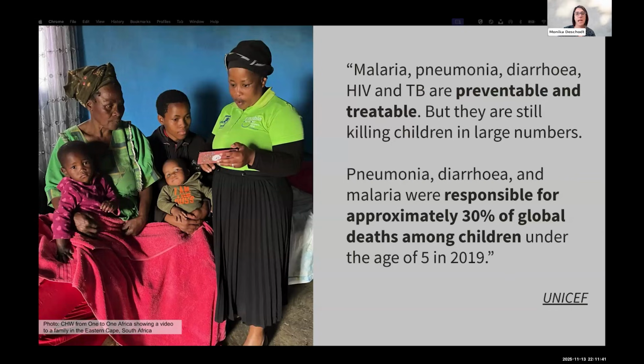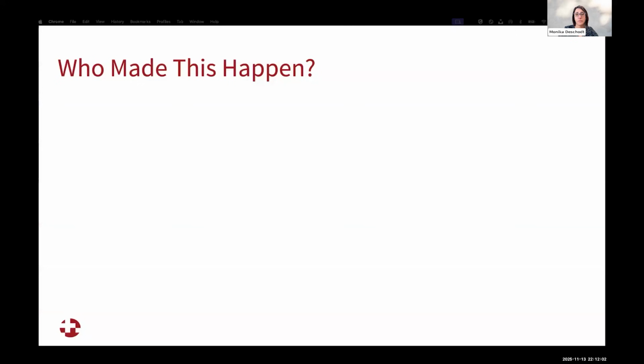So by empowering community health workers, we can actually change these statistics. So the real need for the project was to provide community health workers with practical evidence-based training on childhood illnesses and really ultimately improve child health outcomes.